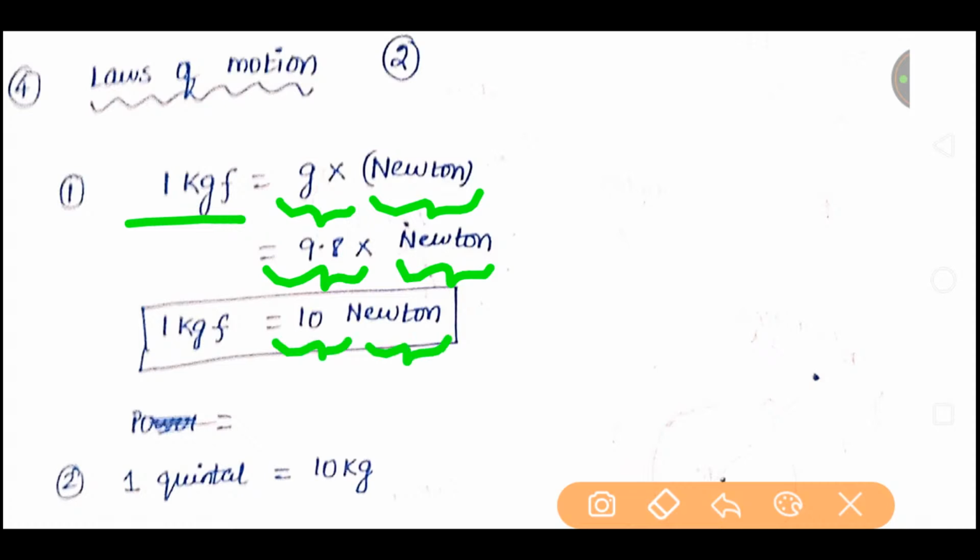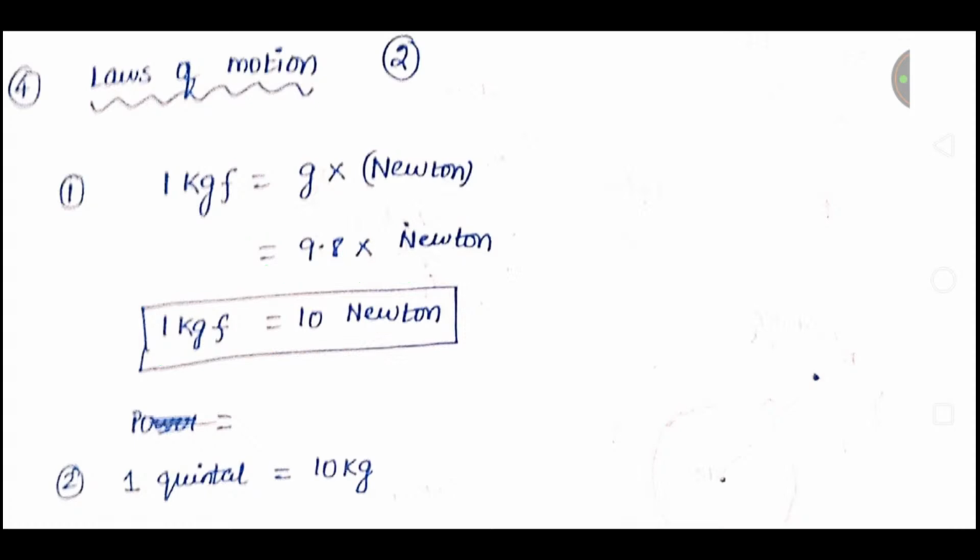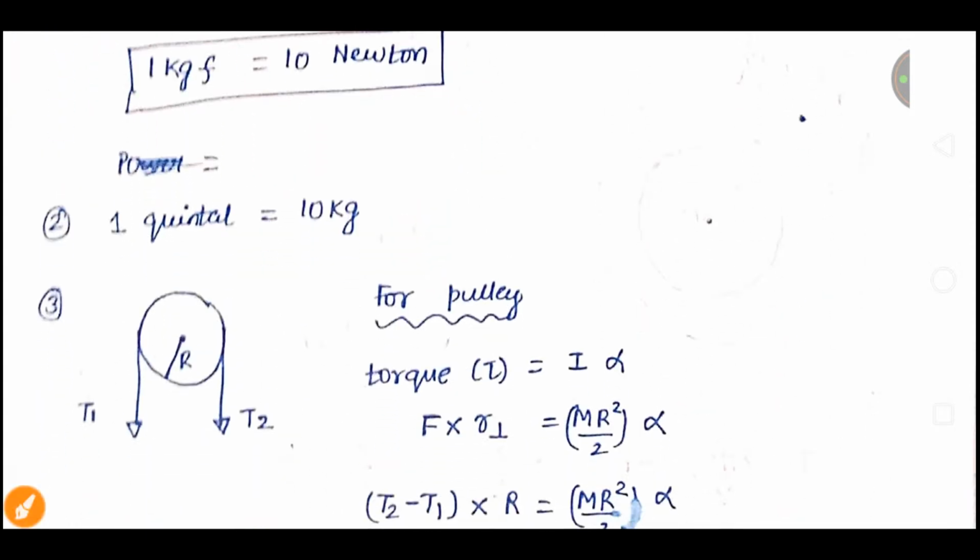If I ask you 100 Newton, how many kgf? 1 kgf is equal to 10 Newton, so 100 Newton means 10 kgf. Right. You should know this basic thing. And also you should know this, 1 quintal is equal to 100 kg.